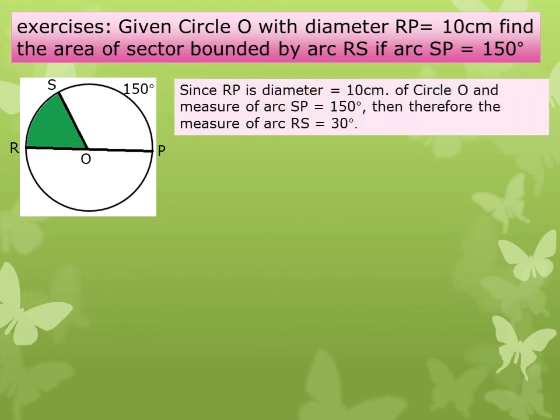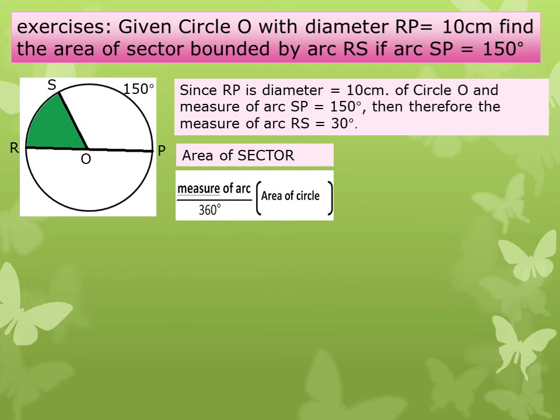Okay? Since RP now is a diameter, which is equal to 10 centimeters of circle O, and the measure of arc SP is 150, then therefore the measure of arc RS is 30.